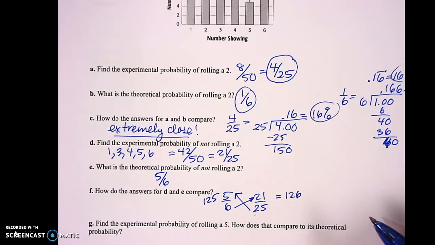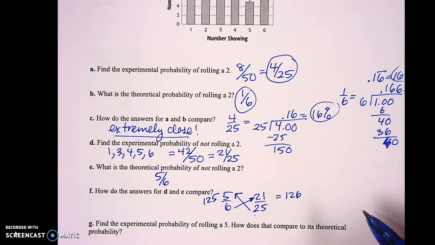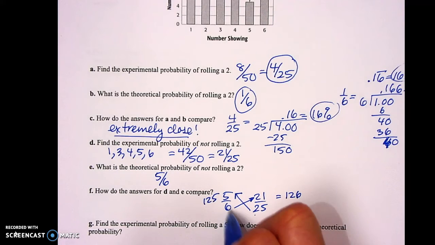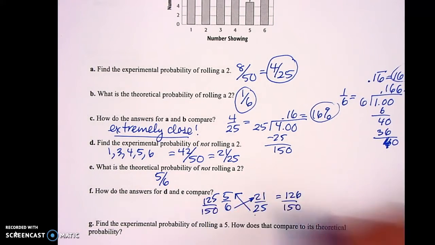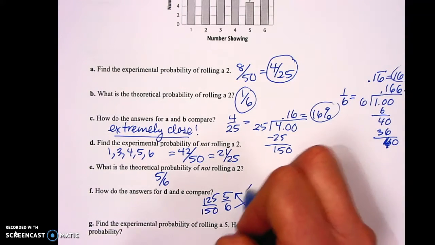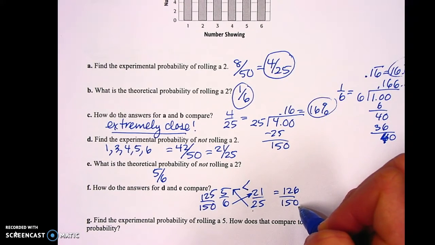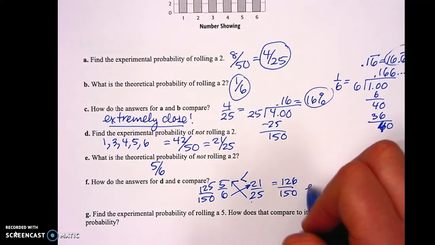That's the shortcut version. 126 is greater than 125, but that's really a shortcut for finding a common denominator. So if I multiply these together, 6 times 25, that's 150. So there's the whole thing. So these again are extremely close. 126 150ths compared to 125 150ths. Again, extremely close.